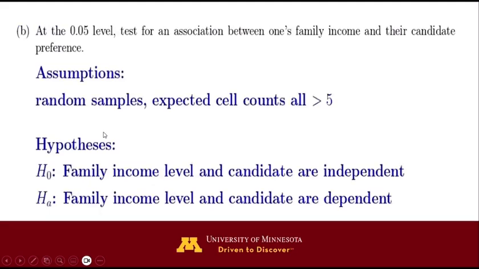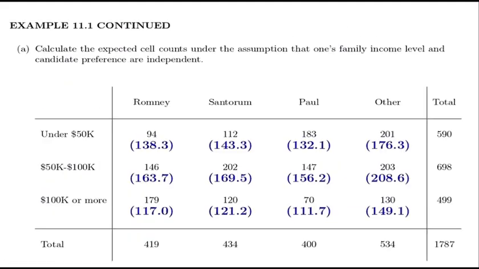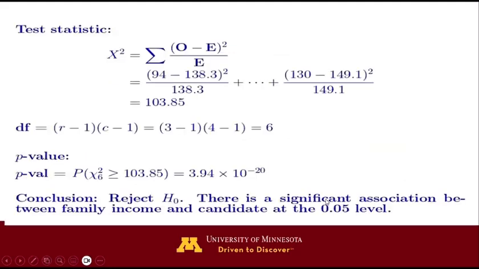Going back to the question, the number of rows is the number of levels, 1, 2, 3. The number of columns, the levels of the candidate, is 1, 2, 3, 4. So 3 minus 1, 4 minus 1, and I multiply them. Therefore, for this question, the degrees of freedom is 6.